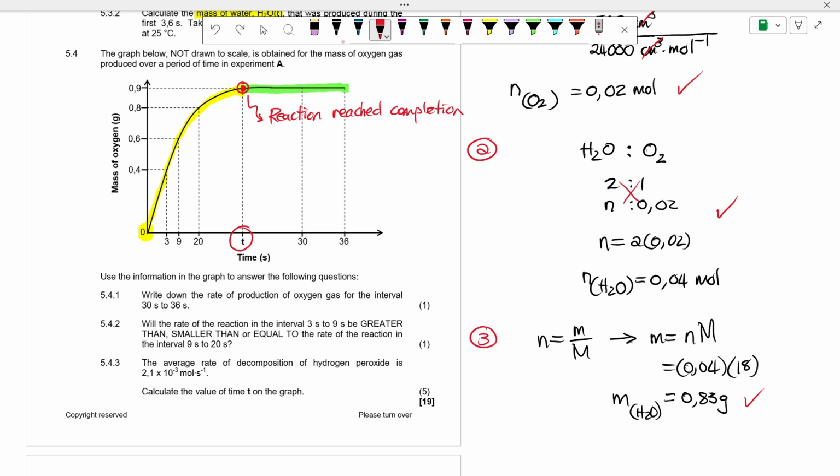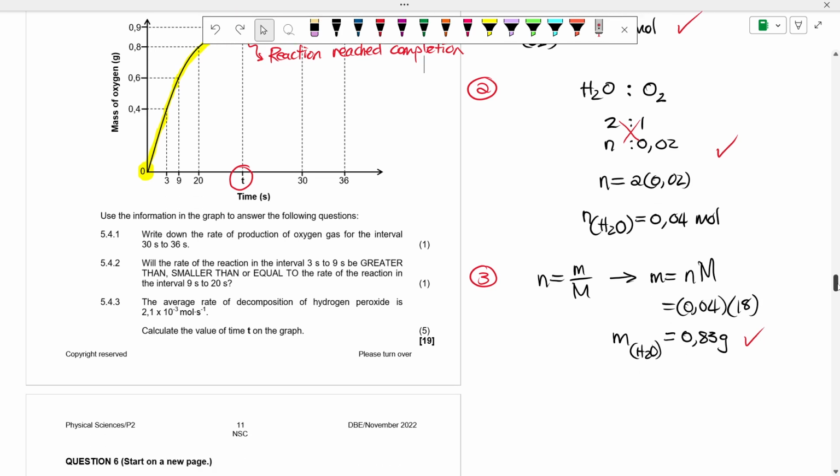Rate of production, it means we are looking for the gradient. Remember, rate of reaction, it's the gradient of this mass of oxygen graph. So what is the gradient between 30 and 36? The graph is flat, so it means the gradient is 0. You guys already wrote maths, so you understand very well what I'm talking about. Okay, so that's 0, and we have to write the units.